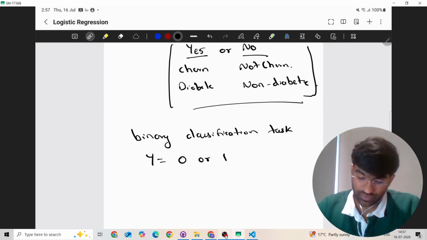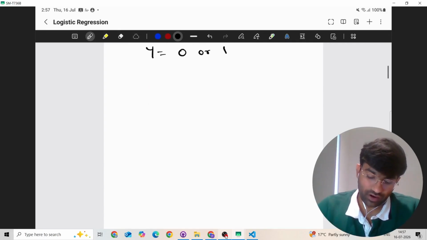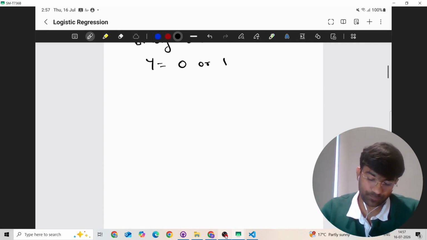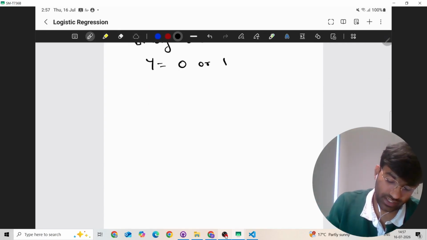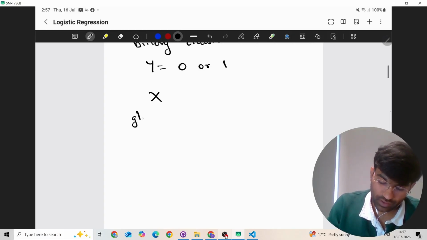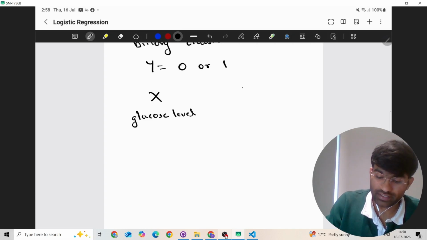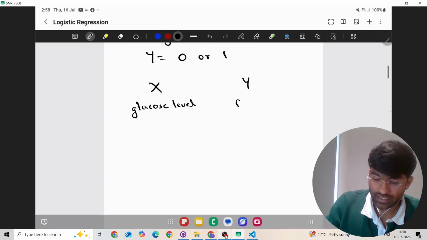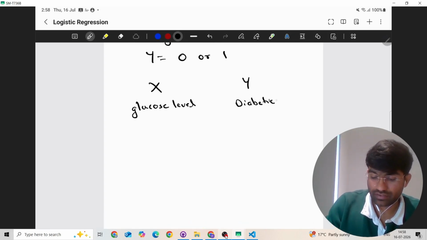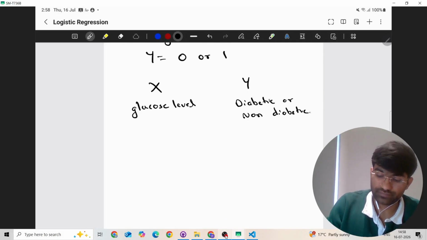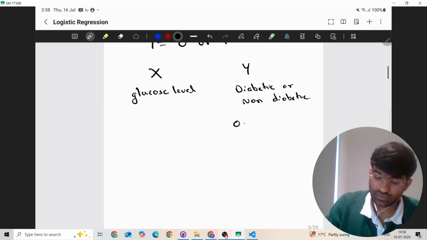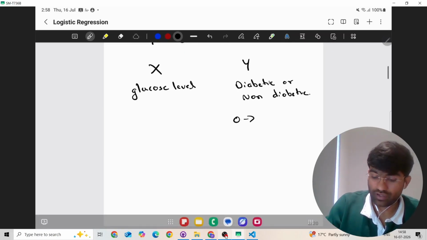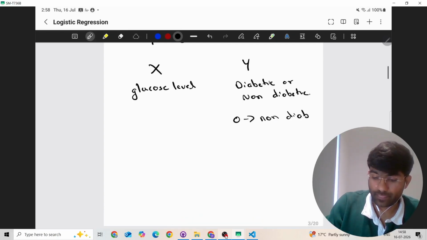So to deal with this, let's plot a graph to see how it is going to look. I am taking a simple example where x is glucose level and y is diabetic or non-diabetic. If it is 0, the patient is non-diabetic.